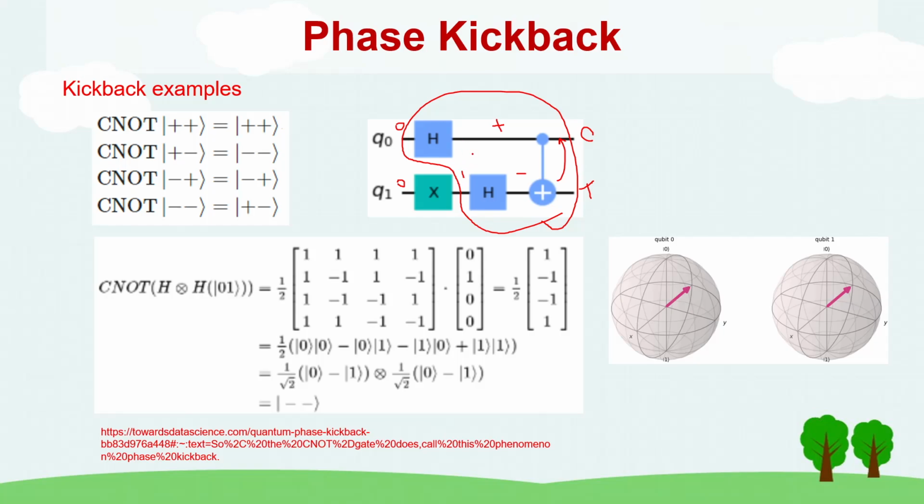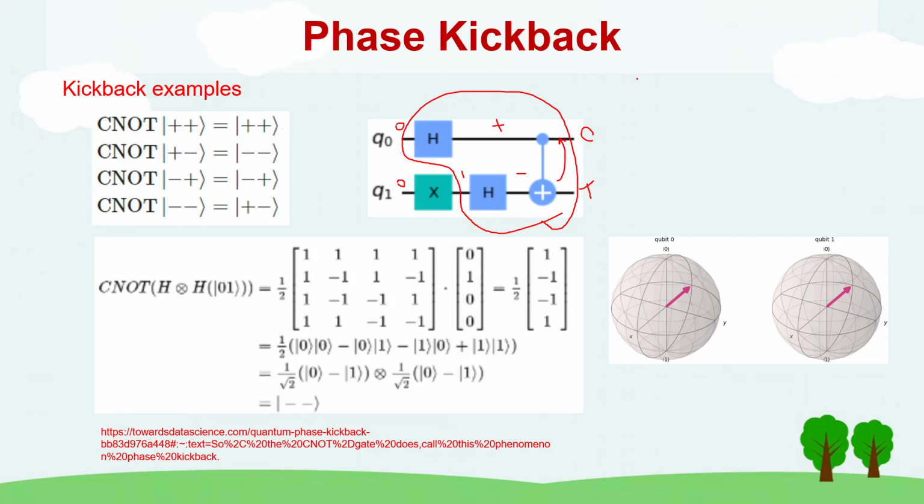Whenever you have two qubits, your combined matrix will be 2 squared by 2 squared; with 3 qubits, it will become 2 cubed by 2 cubed. So what you see here is the 4 by 4 matrix representing H and controlled NOT.